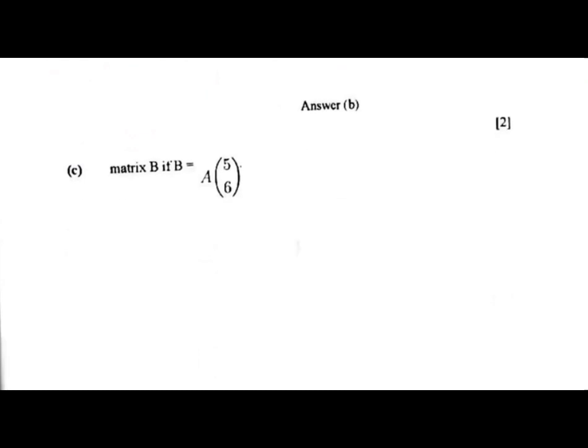Then calculate matrix B if B is equal to A times (5; 6). What we need to do first is determine the order of the resulting matrix. Since a 2 by 2 is being multiplied by a 2 by 1, the answer is a 2 by 1 matrix.